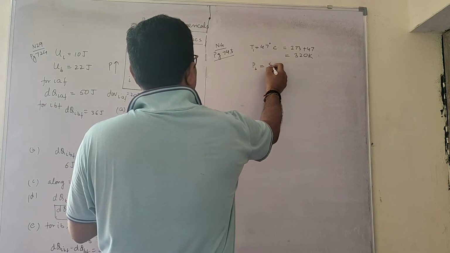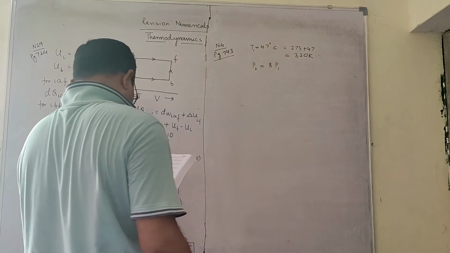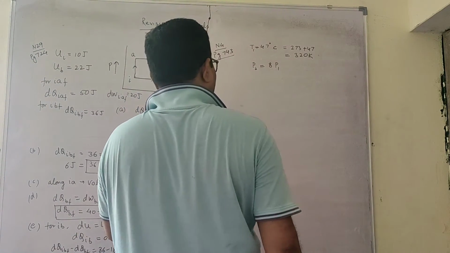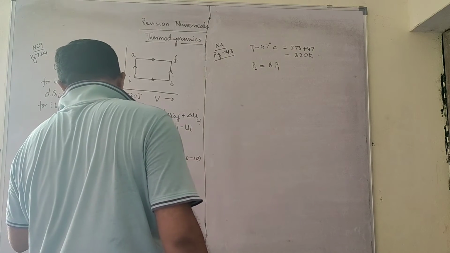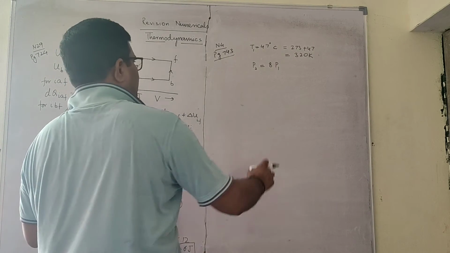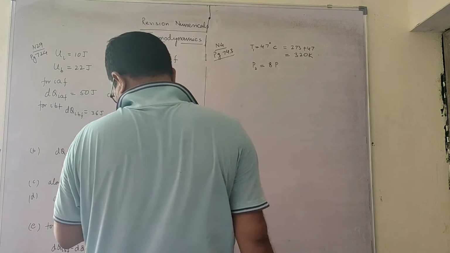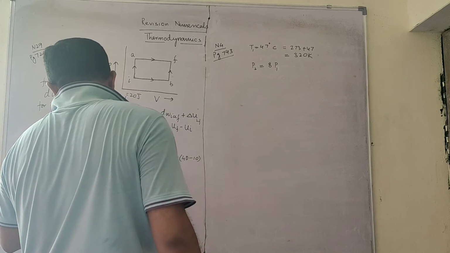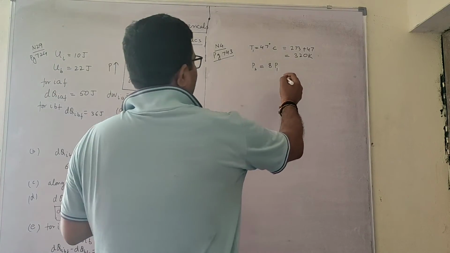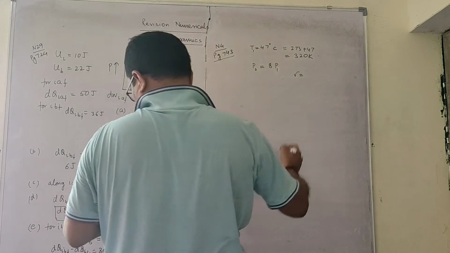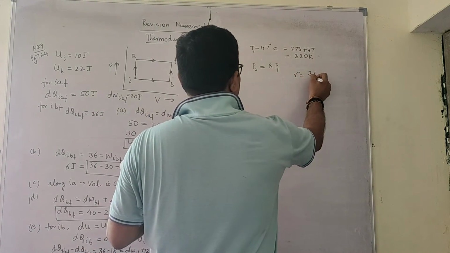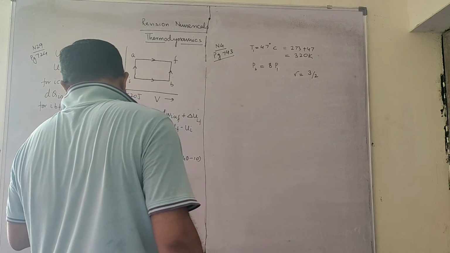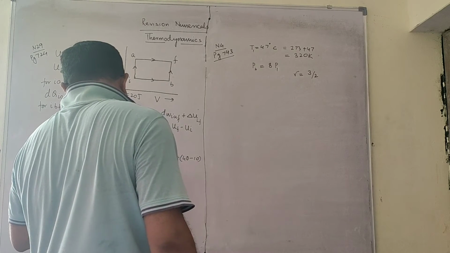Final pressure is 8 times initial pressure. If the initial pressure is P, then final pressure is 8P. Find the final temperature of the gas. Gamma is given. Gamma is 3/2.